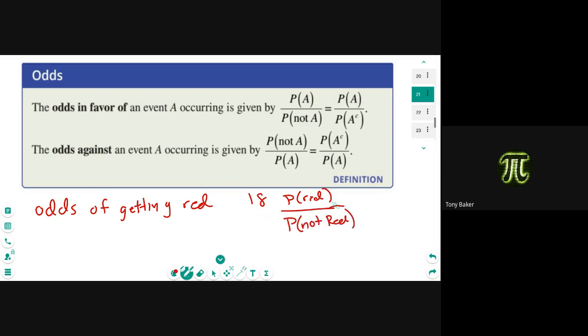What's the probability of not red? How many not reds were there? 20. So the odds of getting red is 18 out of 20. That's how you can get odds like 2-to-1 and 3-to-1, those types of things.